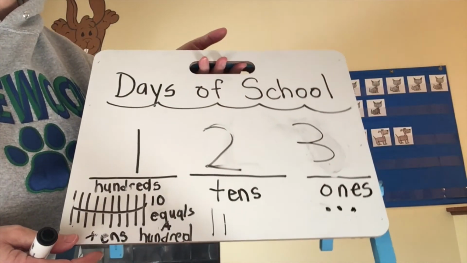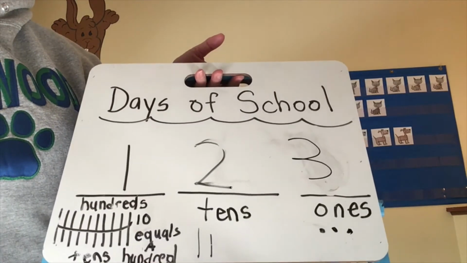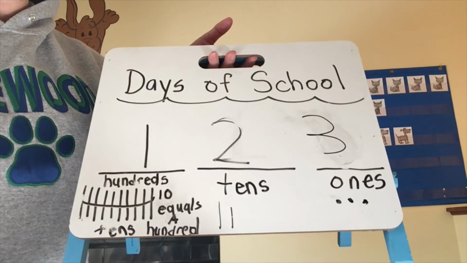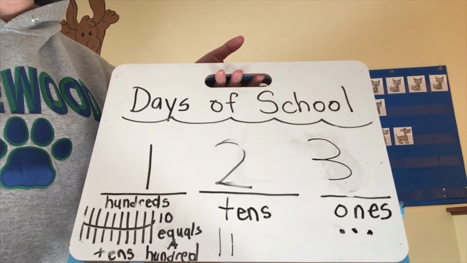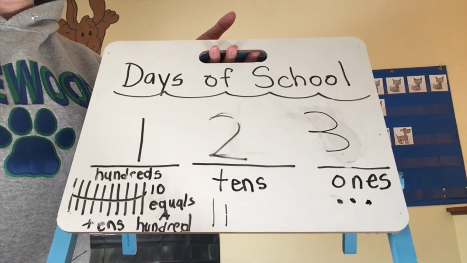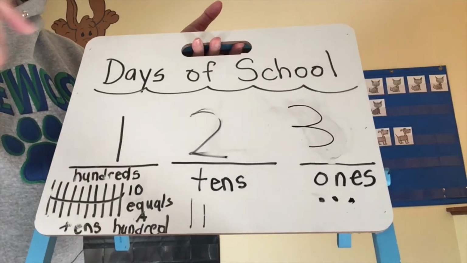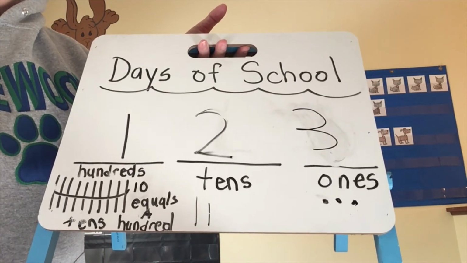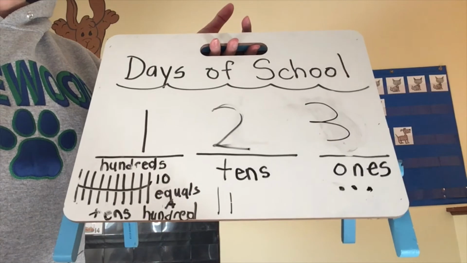I said 130 when I was talking about how many more days till we got to 130. I said the word "and." No, no, no. When you say a number, you don't put the word "and" in it. Some of you caught that. I liked it. All right, let's try to do it the right way today.